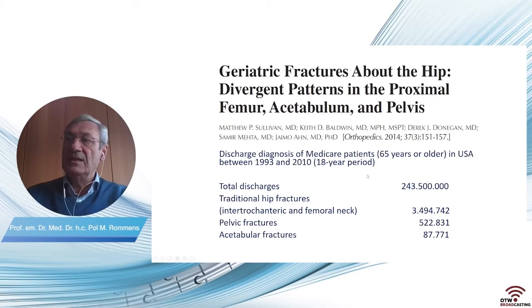So it's an 18-year period. There were about 250 million discharges from hospital in this time. The traditional hip fractures, so the pertrochanteric and femoral neck fractures, count for about 3.5 million. The pelvic fractures only for 500,000 and the acetabular fractures for less than 100,000.